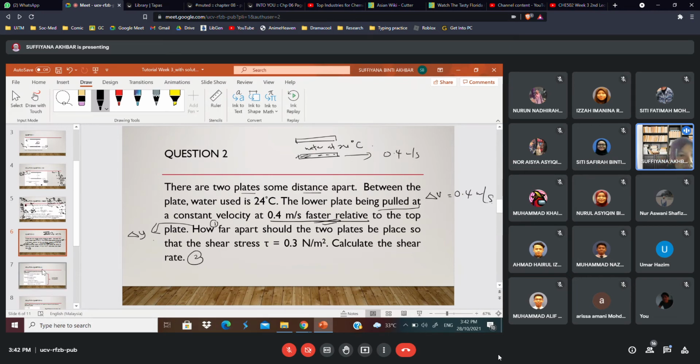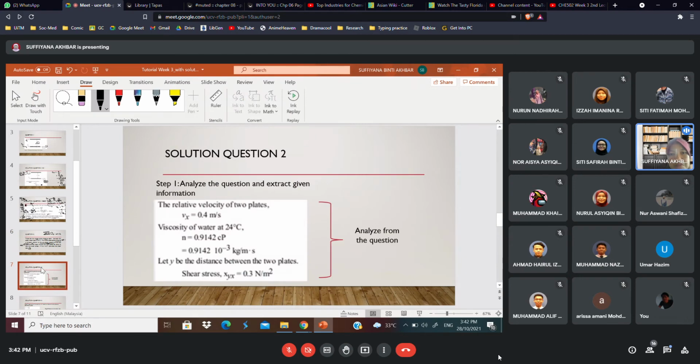So how to solve this question? First, extract all the information given. The relative velocity delta V is 0.4, and then the viscosity of water at 24 degrees Celsius. You need to determine this from the table, because different materials have different viscosity, and even the same material at different temperatures will have different viscosity.